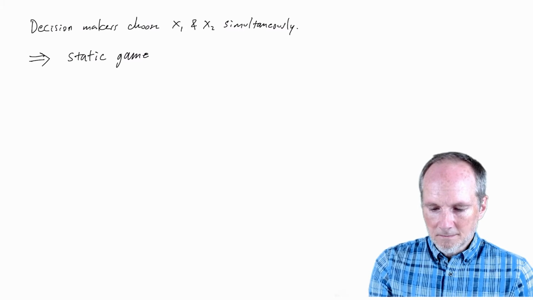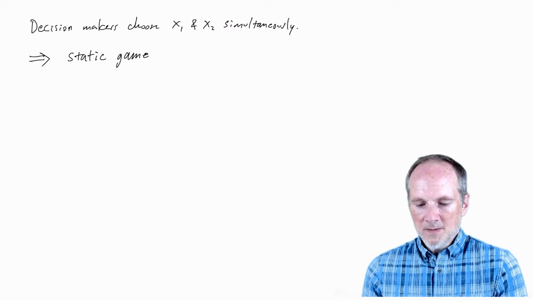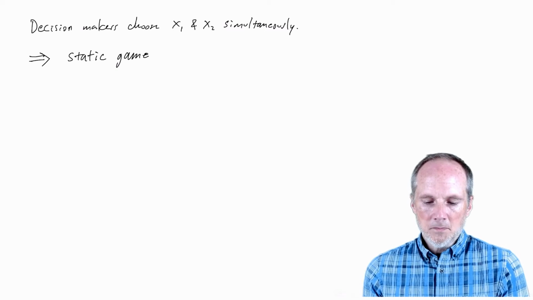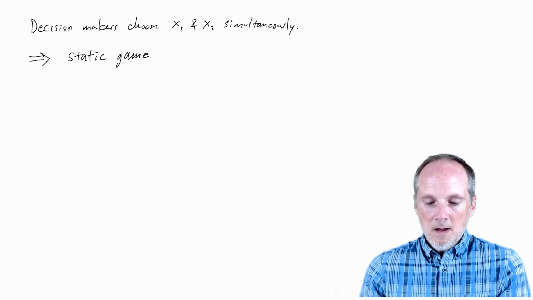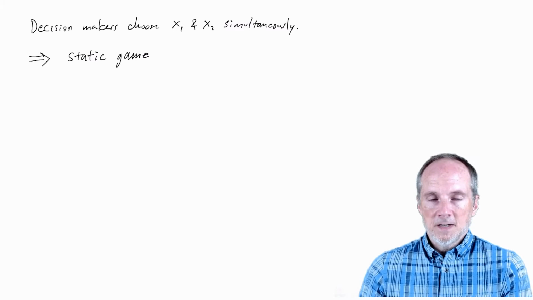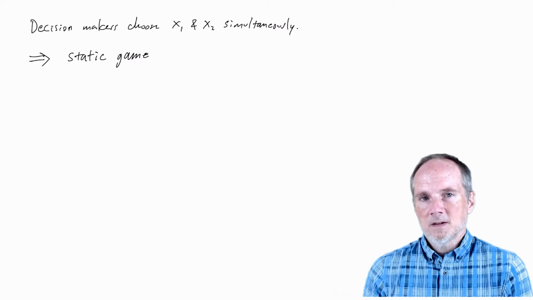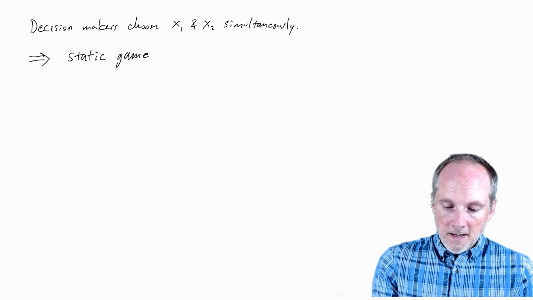Static because they both choose simultaneously and it's done. Nothing happens over time in this model. Game because, I mean, it might not really be fun, but it's a game in the sense that each decision maker is in a strategic situation where they have to anticipate what the other person is doing. And that leads us to the idea of a Nash equilibrium.